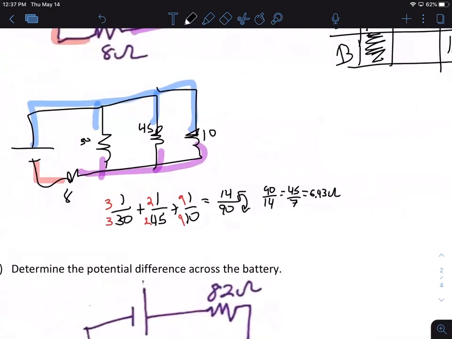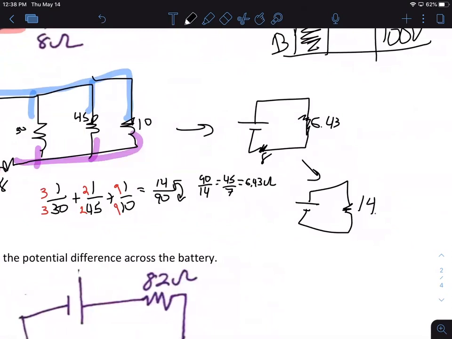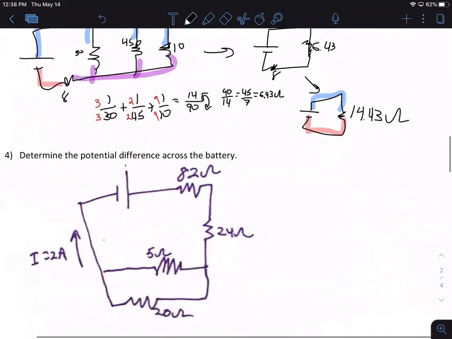So that was me combining the 3 parallel ones. Now I still have this 8, and this one's 6.43, so together that's 14.43 ohms. And now I can find the current, because by putting these together, now my potential change is the change from the battery, which was a 100-volt battery.